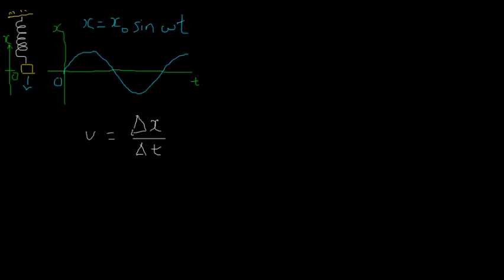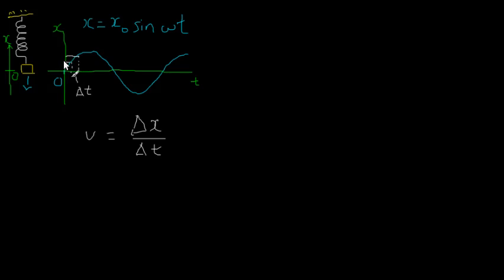We can relate this to the meaning of velocity quite directly. If we think that for a short time delta t, let's say from here to here, x changes by delta x.